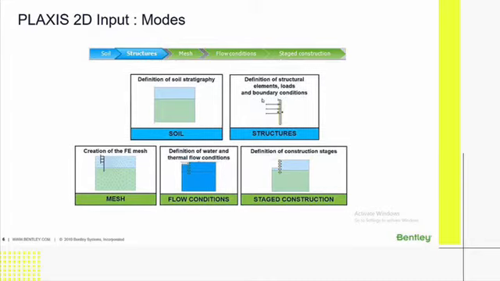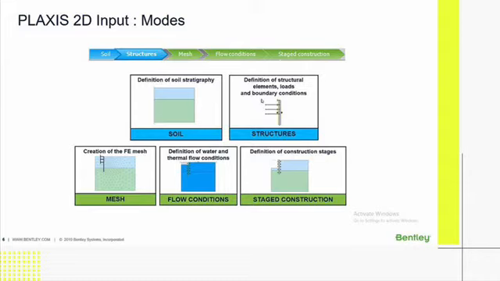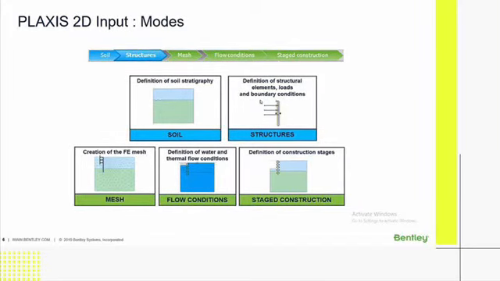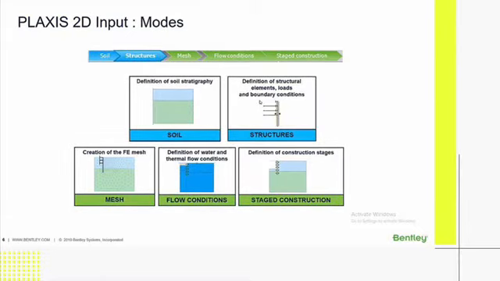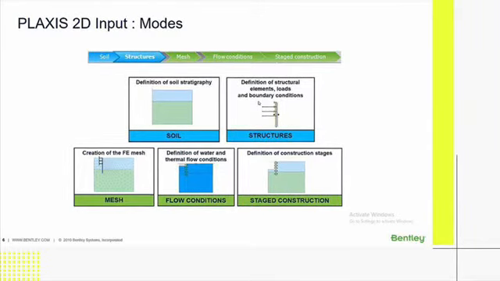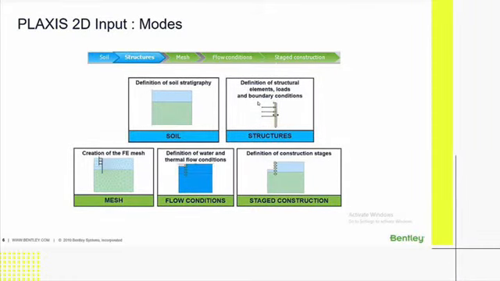Then the next one is flow conditions, which is definition of water and thermal flow conditions, for example, generation of initial pore water pressure and defining the initial stress state. And the last one is stage construction, definition of construction stages. And the last part is calculation and the output.